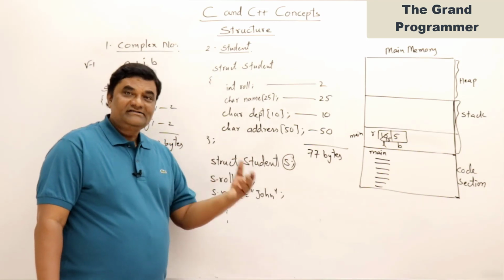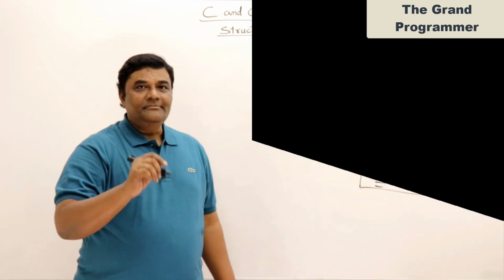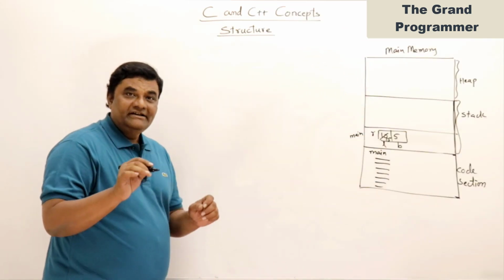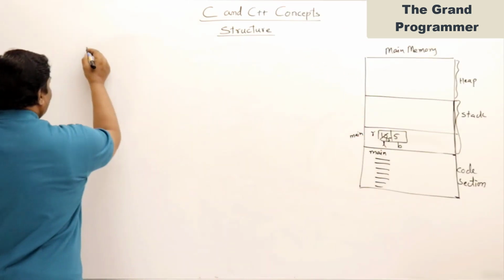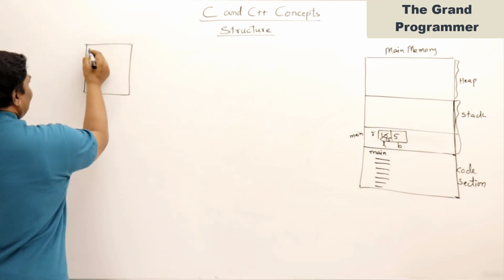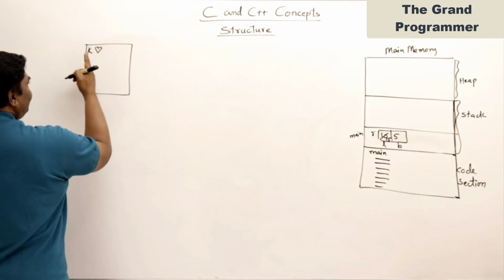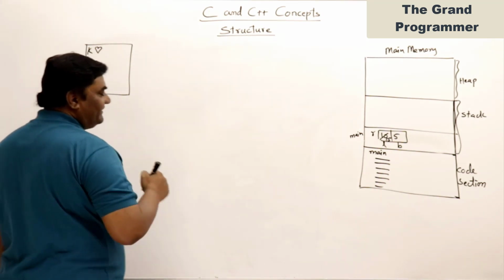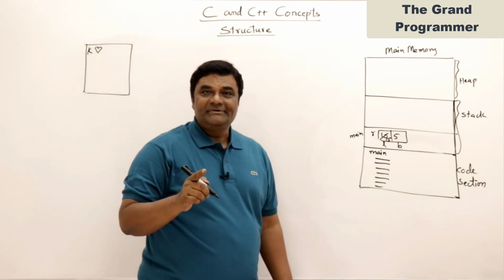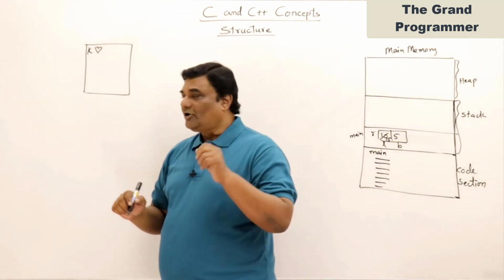Next, I will take one more example for a structure and show you. The next example is playing cards. A playing card will have some properties. It will have a face value, let us say king of hearts. This is a face value, and this will have a color, that is red, and also the shape is hearts. Any playing card can be defined in terms of 3 properties.